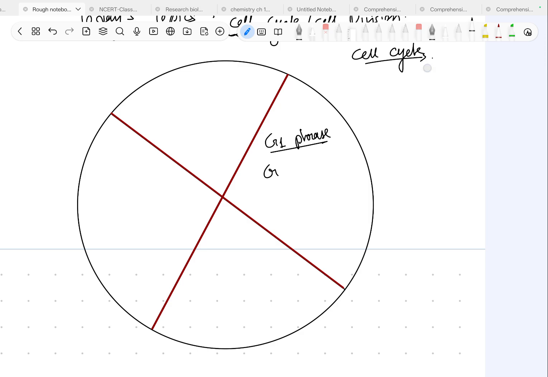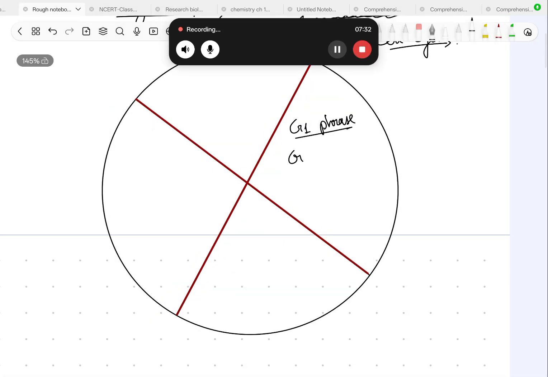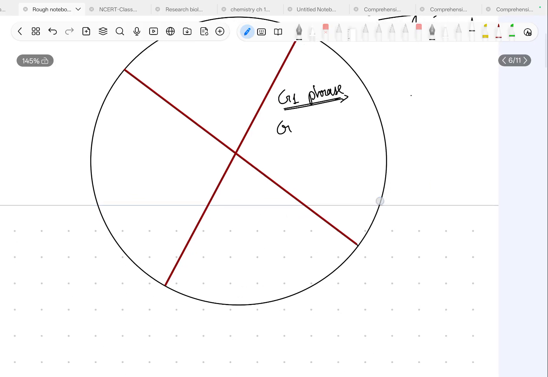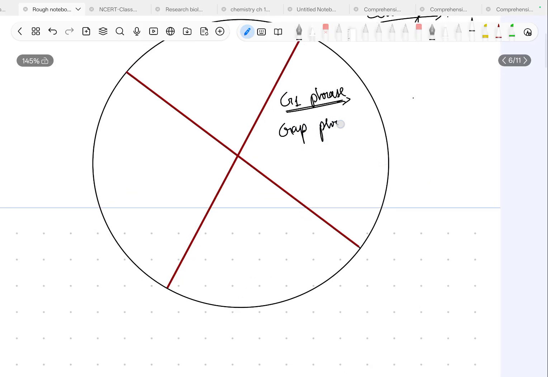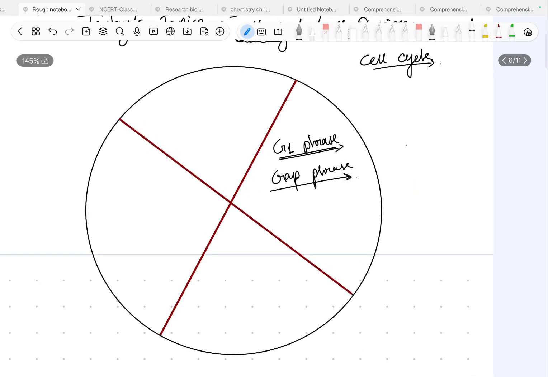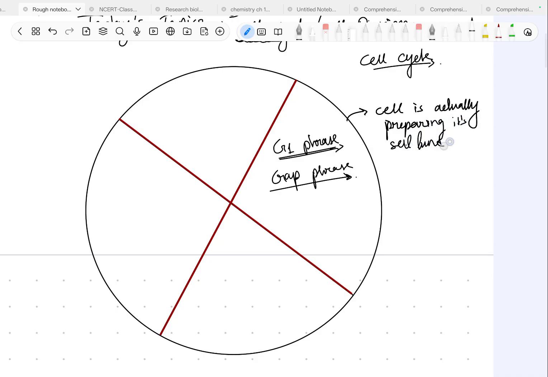Now I will focus on the G1 phase, that is the gap phase. In the gap phase you will see that the cell is actually preparing itself fundamentally.